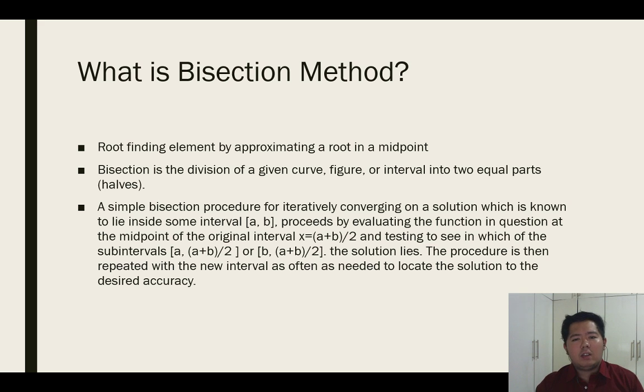A simple bisection procedure for iteratively converging on a solution which is known to lie inside some interval [a, b] proceeds by evaluating the function in question at the midpoint of the original interval, which is x equals a plus b all over 2, and testing it to see in which of the subintervals, a or b, the solution lies.